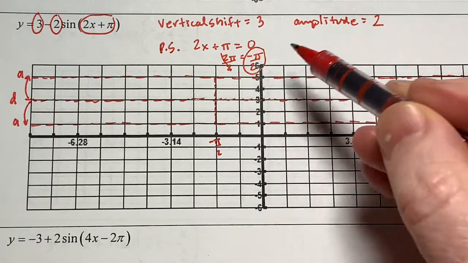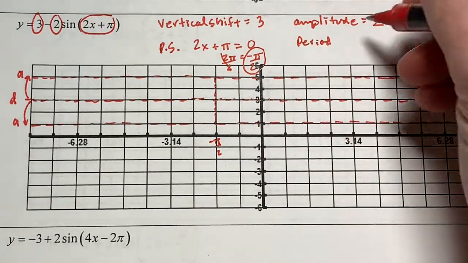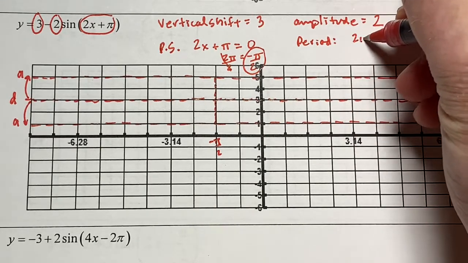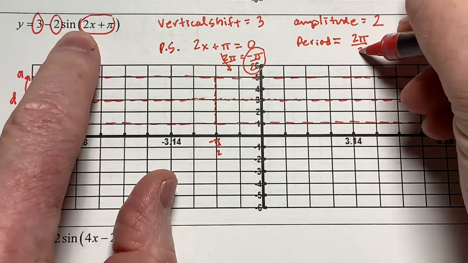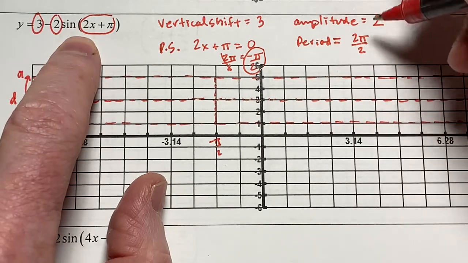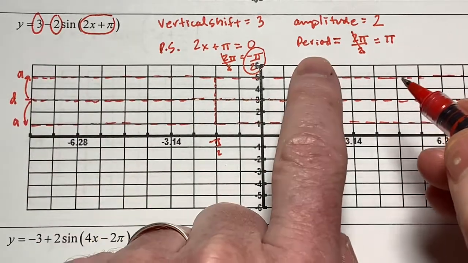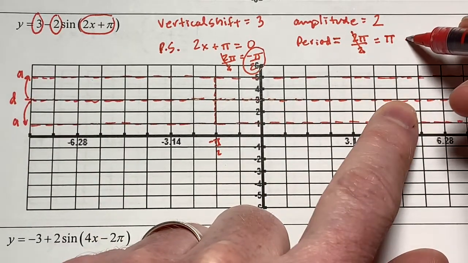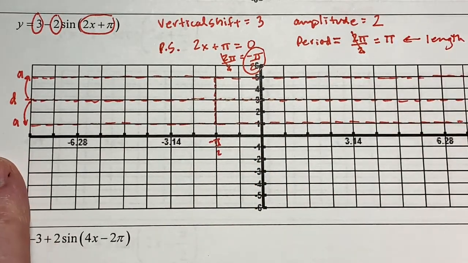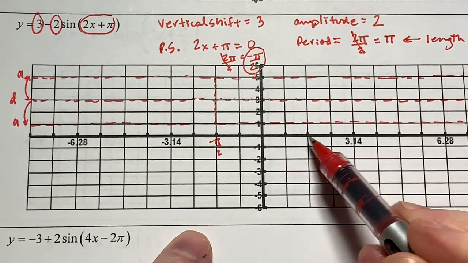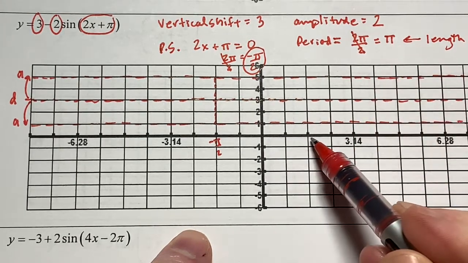And then finally, I'm going to use my period to find the length of the period. I remember I do that by 2 pi divided by the B. So what is the length of this period? If I cancel the 2's, I get pi. Now remember, this is a length. On this ruler, how many tick marks is that, from here to pi, which is my period? 1, 2, 3, 4.